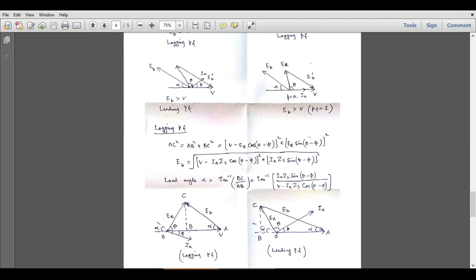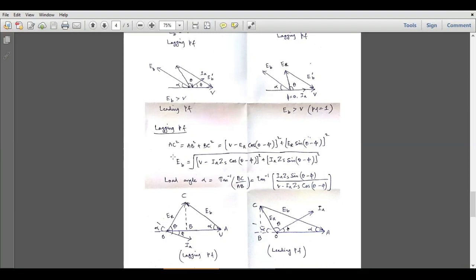So this vector will be equal to ER cos(theta minus phi), and this vector will be ER sin(theta minus phi). So this EB will be equal to V minus ER cos(theta minus phi) plus ER sin(theta minus phi), and we will put a j or iota over here because this is the vertical component.